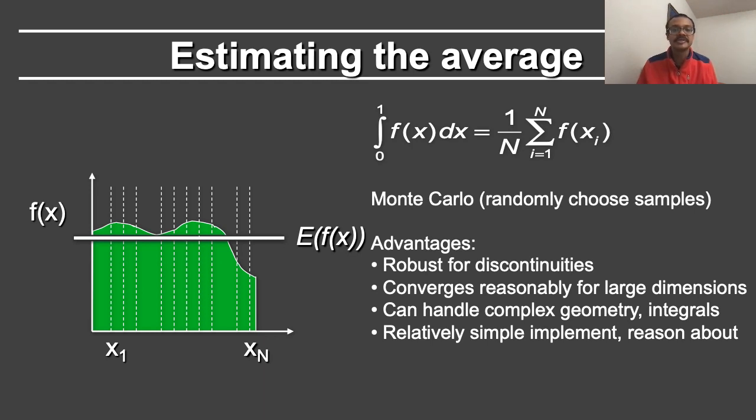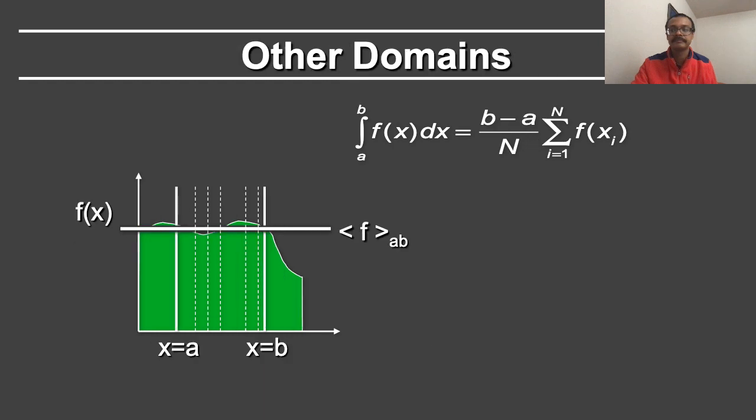One simply chooses a number of random points and then takes their statistical average or expectation. If instead of going from 0 to 1, you're going from A to B, there's no problem with that. The normalization is just somewhat different. You have to consider the range of the domain, B minus A, and then normalize by the number of samples n.